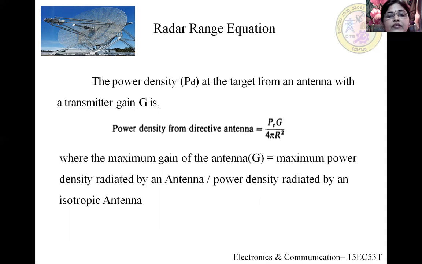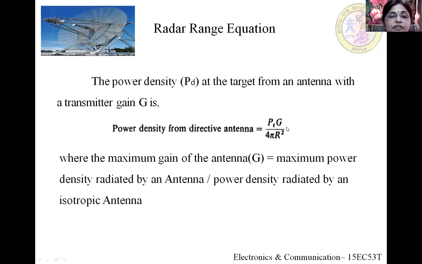Now the power that is transmitted from the transmitter reaches the target and strikes the target. So the power density PD at the target from the antenna with a transmitter gain G is given by the power density from a directive antenna, which is equal to Pt G divided by 4 pi r squared.